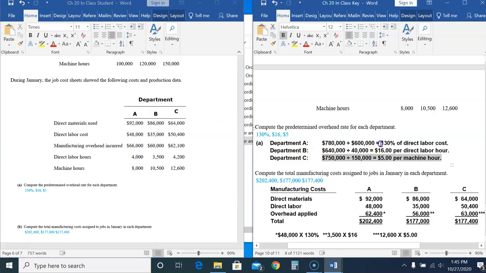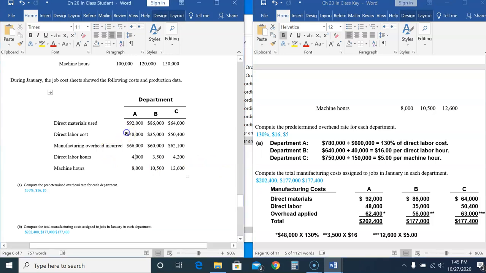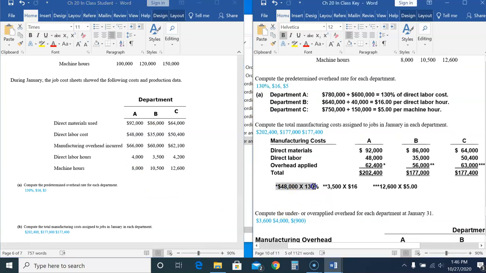Department A, overhead is applied at 130% of direct labor cost. Direct labor costs were $48,000 times 130% will give me overhead of $62,400. Total manufacturing costs in Department A of $2,024.